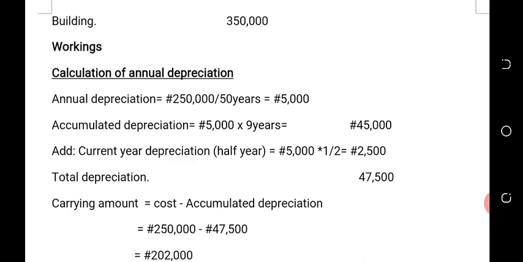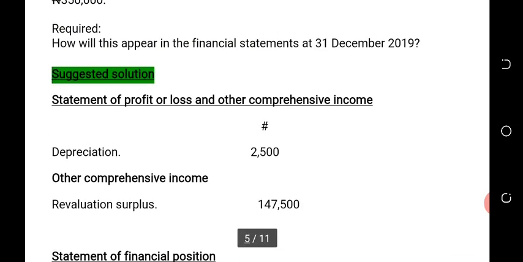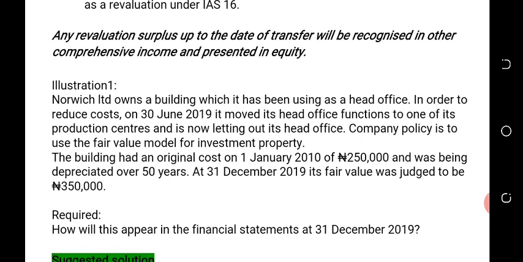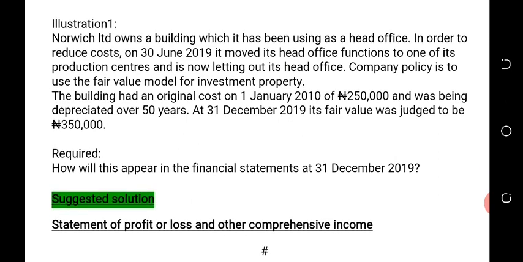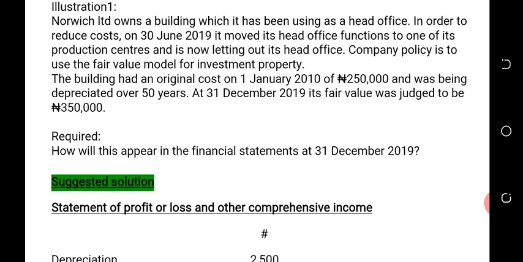It's 5,000 per year. Now from 2010 to December 2019 is 10 years. You can calculate it by hand in most cases, because in the exam you are permitted to calculate by hand.